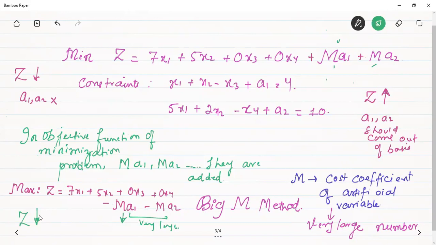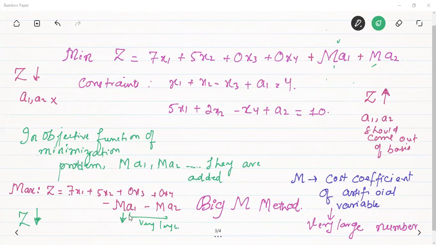But the problem is of maximization, therefore the simplex table would like to throw out these A1 and A2 because they are decreasing the function. In the minimization case, these values are increasing the value of z, therefore the table would like to throw them out.